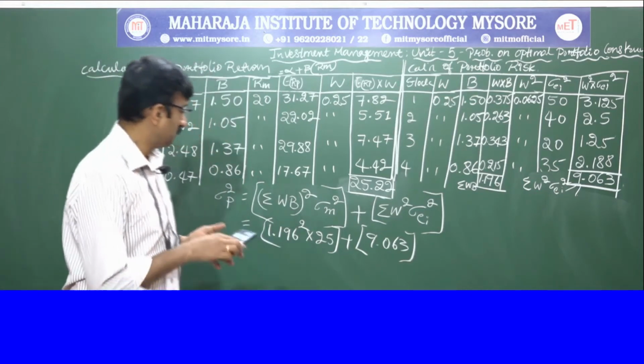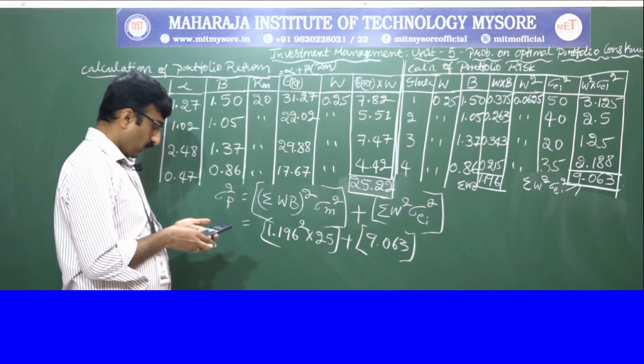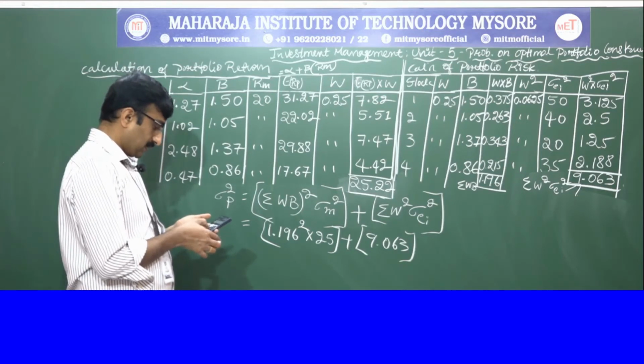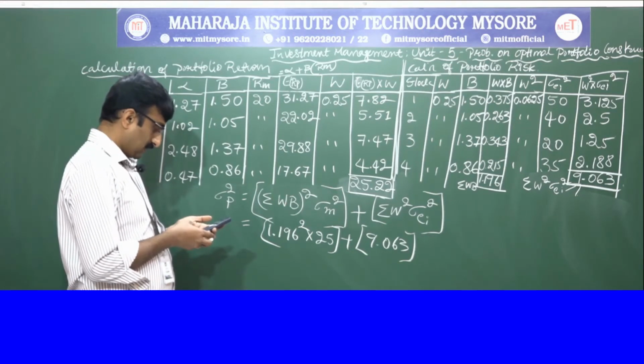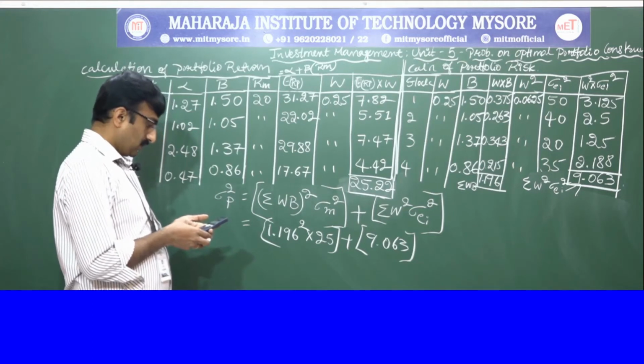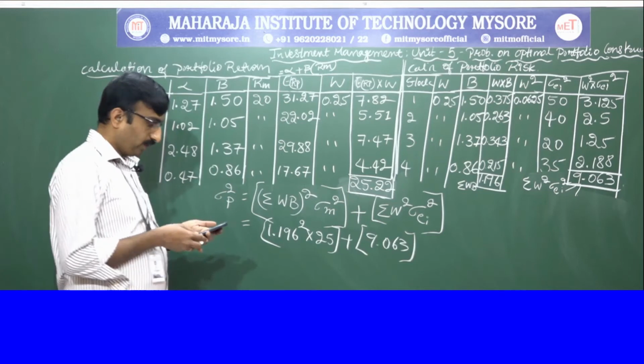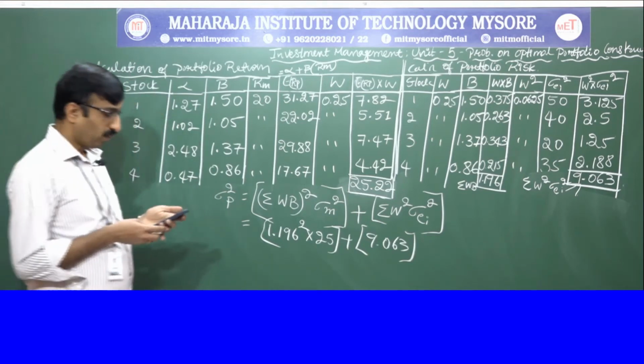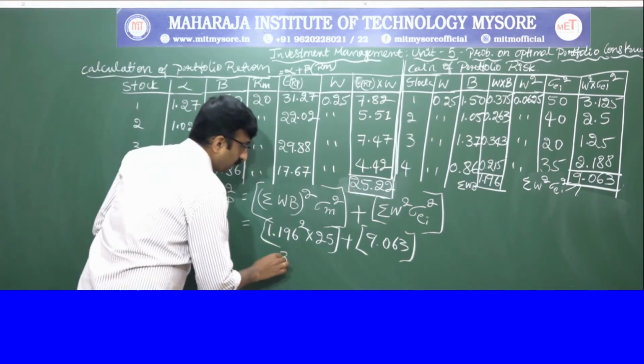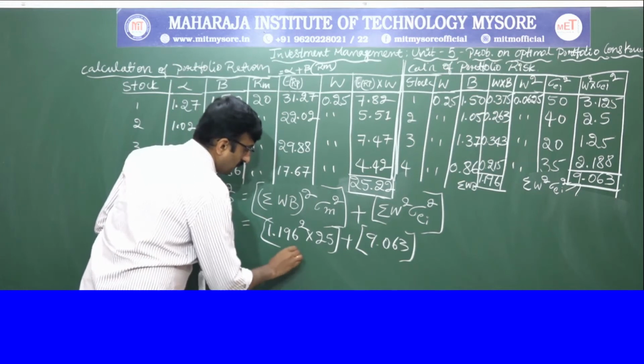Yes, do it. 1.196 square gives you 1.430, into 25. If you do, you will get 35.76.